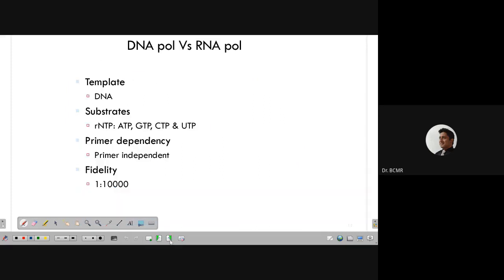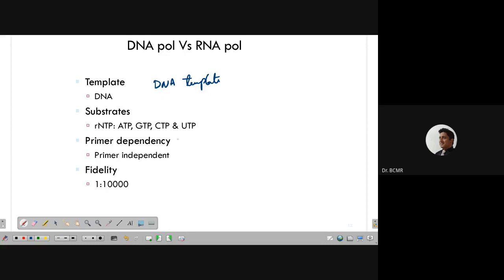Yet we have so many differences with DNA polymerase. Let's try to have a comparison of DNA polymerase and RNA polymerase, so that we'll be able to review what DNA polymerase does, and also appreciate how special RNA polymerase is. In both cases, DNA is the template. Both DNA polymerization and RNA polymerization require DNA as template.